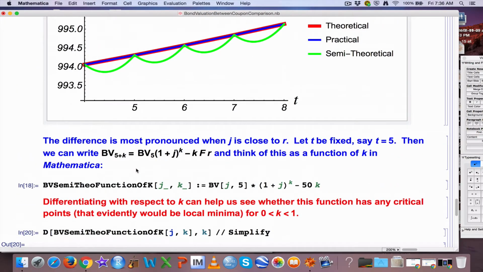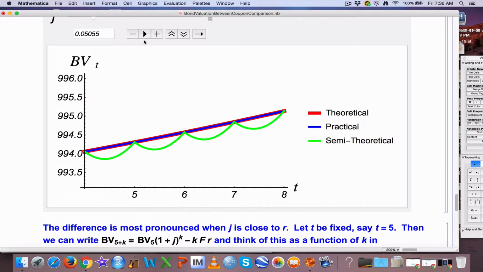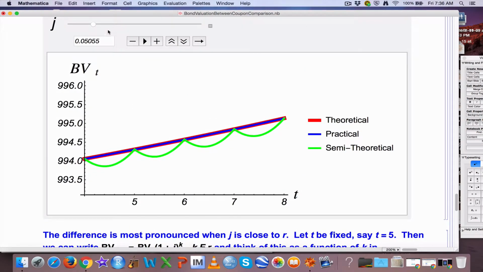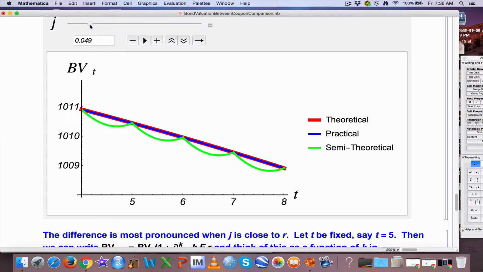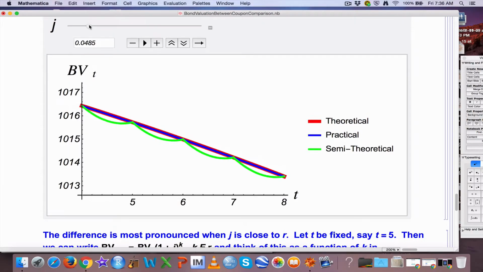That's when this graph, focus on the green graph, has a local min. Each piece, in fact, has a local min when j is between about 0.048, you can see we've got a critical point there, k being close to 1 really.